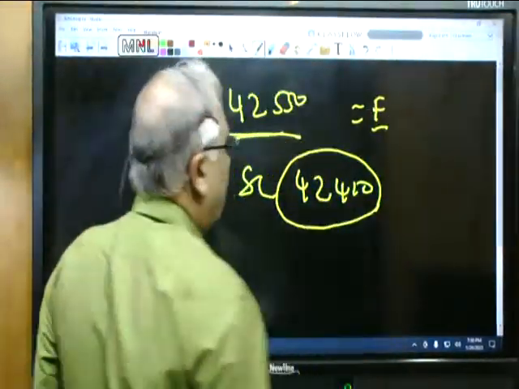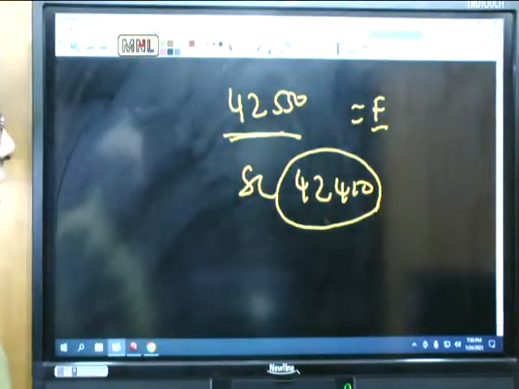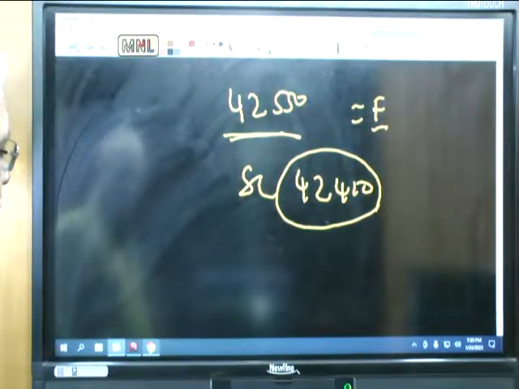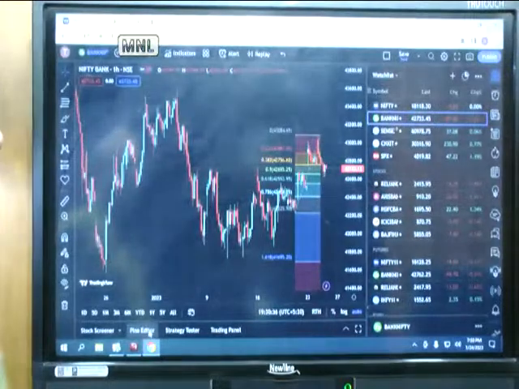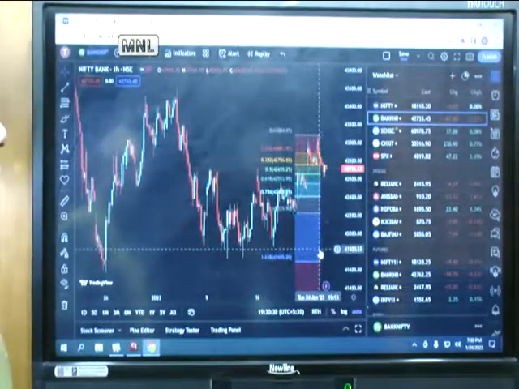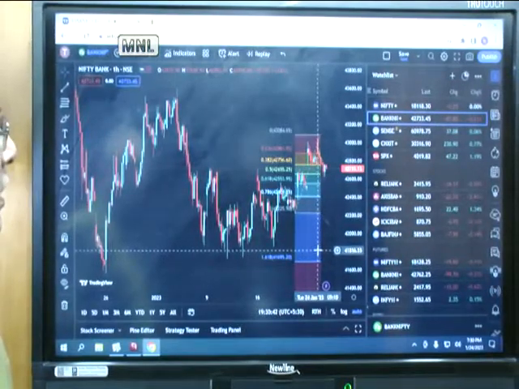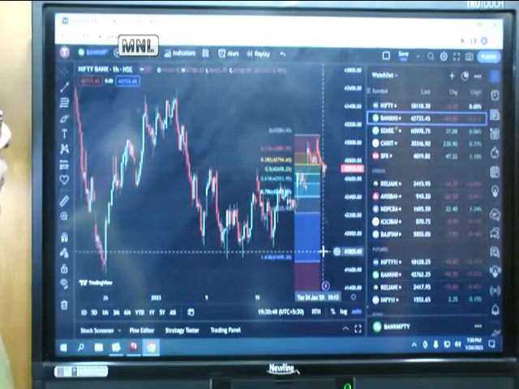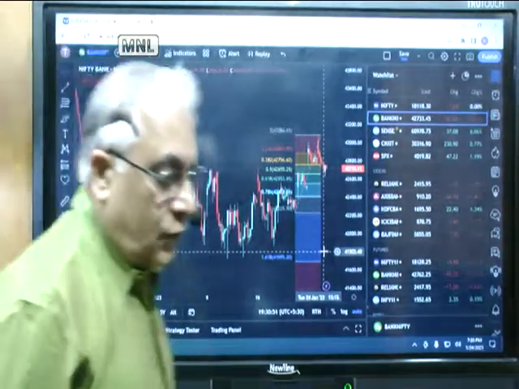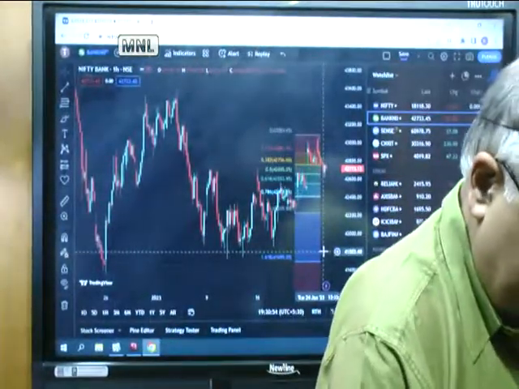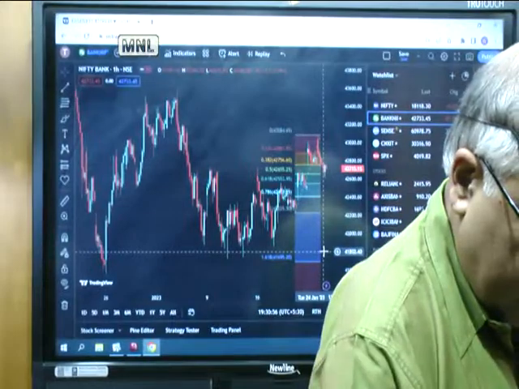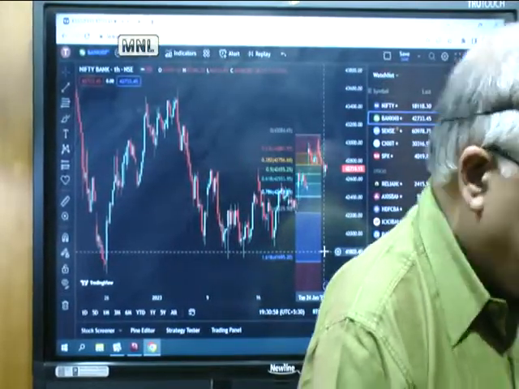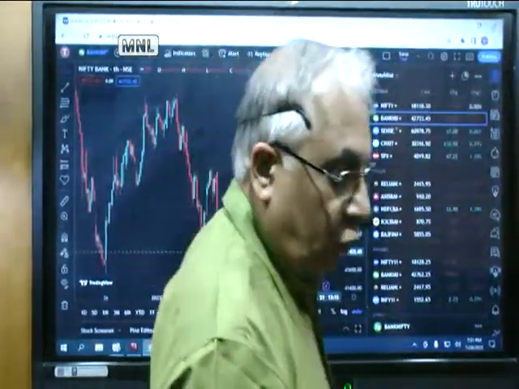If it comes to this level, let us look at the PP, R1, R2, S1, S2 for this. Now this is today's candle, the 23rd. The high is 43,078, the low is 42,615, and the close is 42,715.